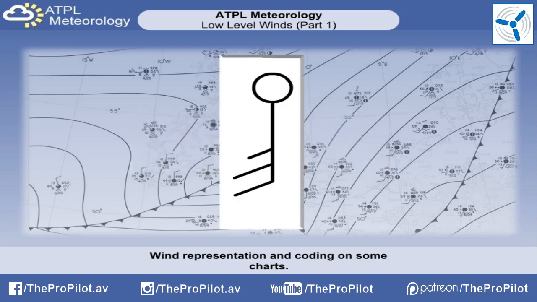Example number 2 shows a southerly wind direction of 180 degrees and a speed of 25 knots. Now that we have learnt some fundamentals about wind, including speed, direction, units and coding, let's examine some specific winds and the forces involved.